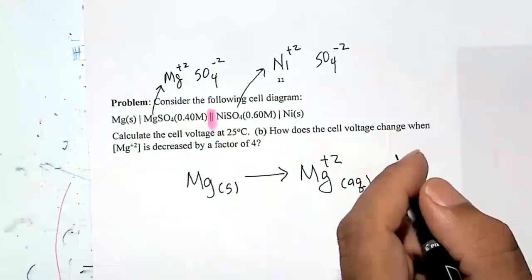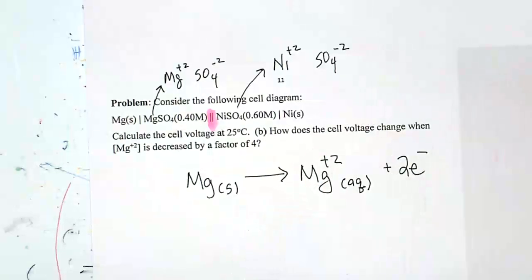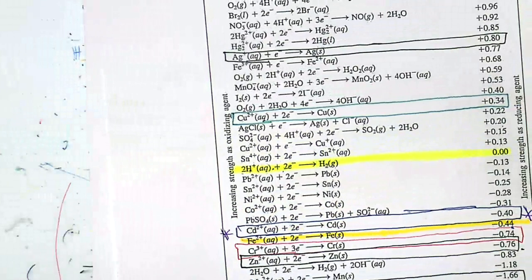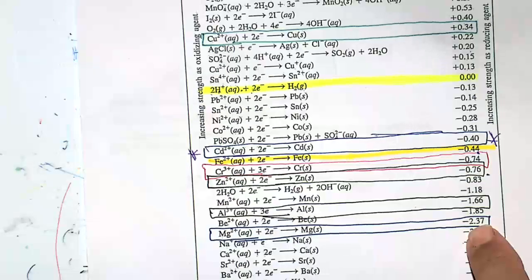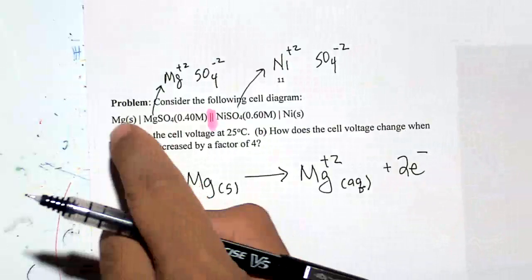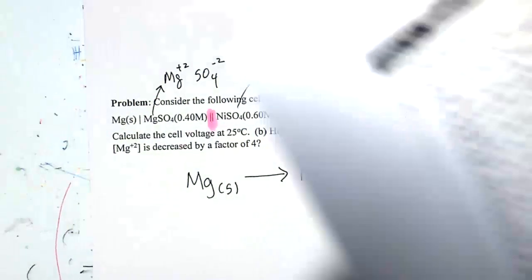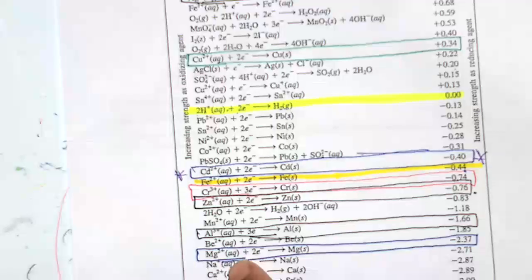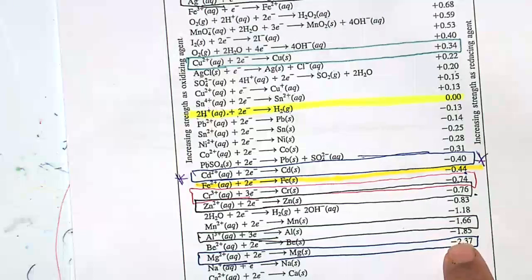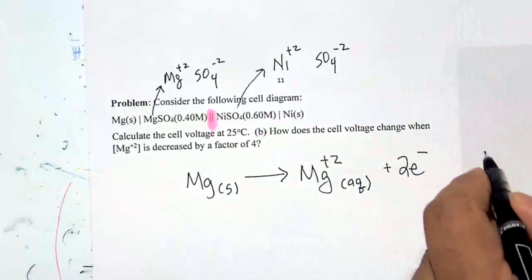How many electrons and where should it go? 2 electrons on the product side. And what's the voltage associated with this? Is it negative 2.37 or positive 2.37? Magnesium solid goes to Mg2+, losing 2 electrons, so that's an oxidation. This is the reduction, so we're going to flip this and make it positive 2.37 volts.